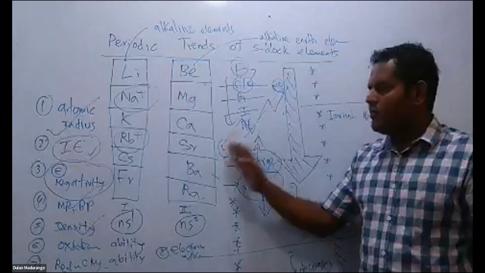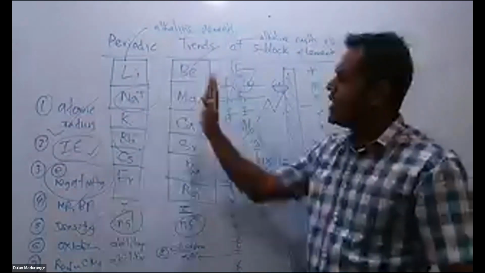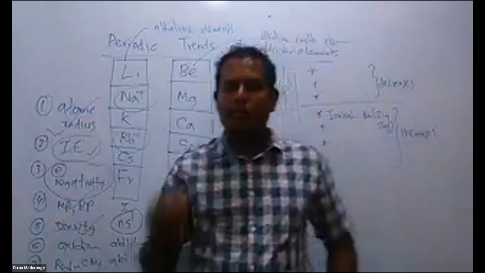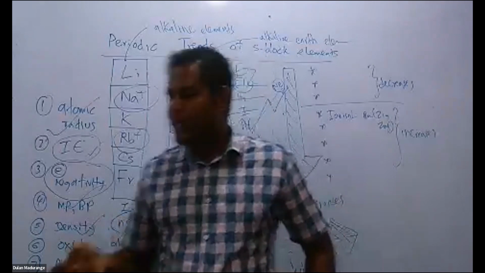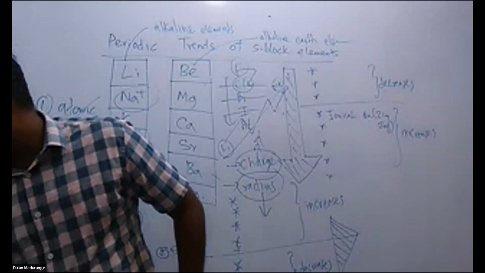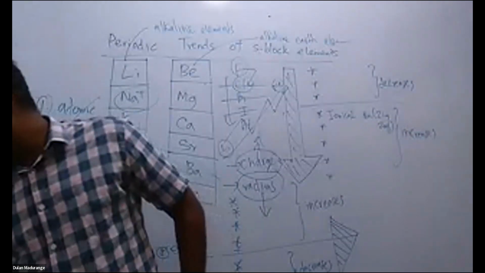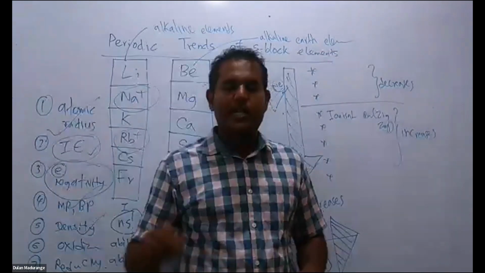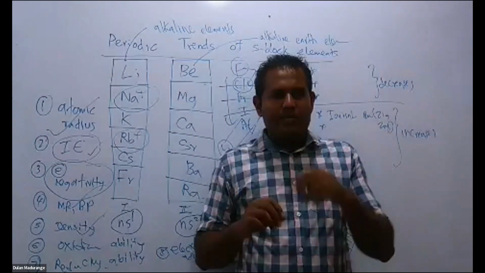But when you consider these group 2 elements, gradually the reactivity is decreasing. Adding a piece of sodium to water, adding a piece of magnesium to water. Magnesium doesn't react with cool water.